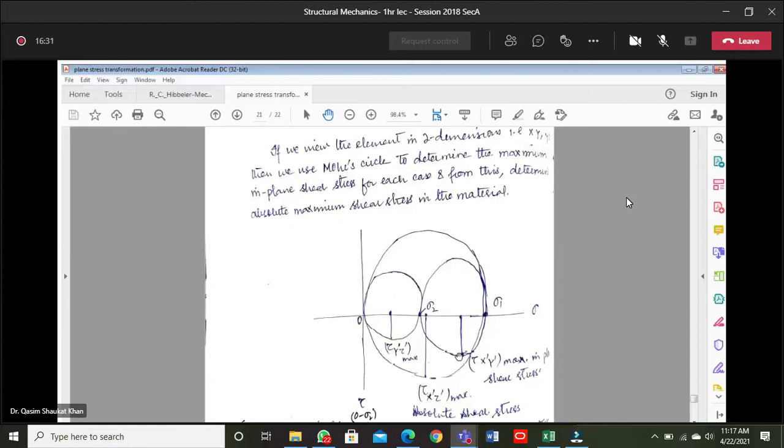First, let's see which one is the absolute maximum shear stress. The absolute maximum shear stress is the largest of these 3 shear stresses. You can see this is tau YZ, this is tau XY, and this is tau XZ. The larger of the 3 is this one, tau XZ maximum.